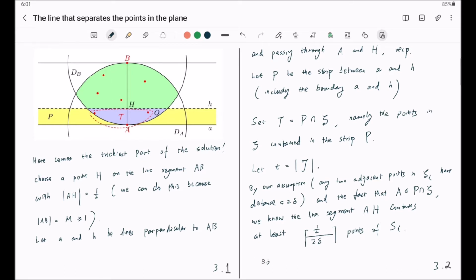So t must be greater or equal to this quantity, which, let's simplify it, is greater or equal to 1/4 delta. And we'll denote this inequality as equation number 2.